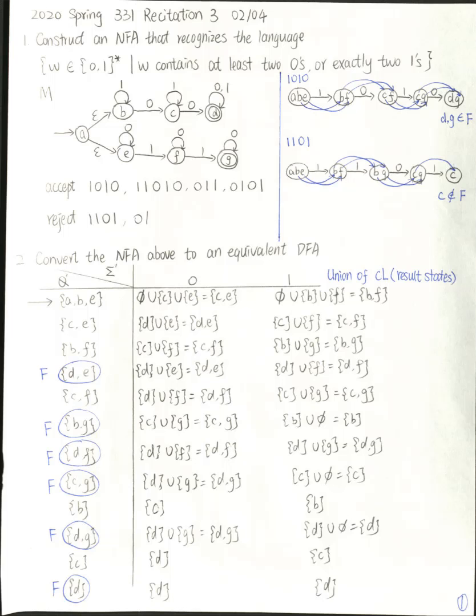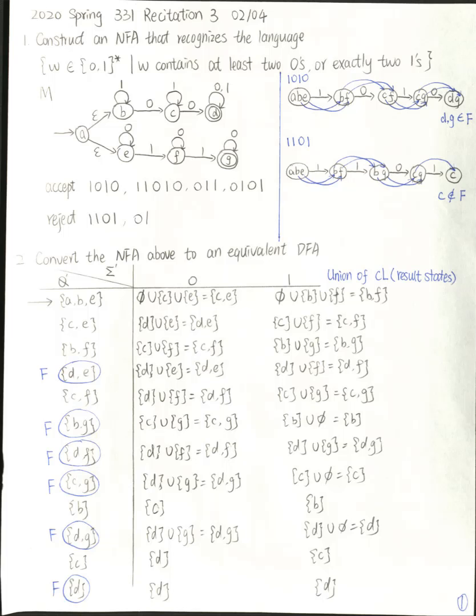Now that we have constructed an NFA, let's convert this NFA to an equivalent DFA. To do that, we need to specify the 5-tuple for this new machine, the DFA. The set of states of this DFA is the power set of the set of states of that NFA.